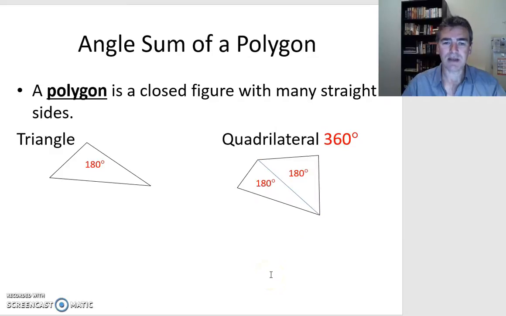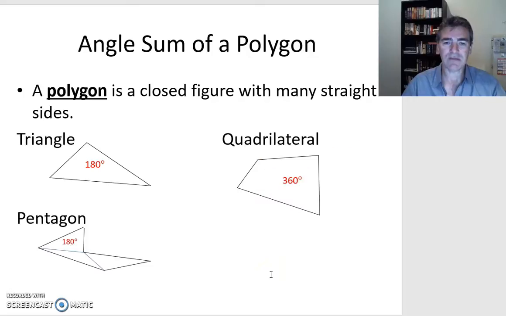Well, let's extend that and go on to a pentagon. Remember, pentagon has 5 sides. So, start off with one vertex, and I join it to that vertex, it's not next to it, and then I'll again start from there and join it to another vertex that's not next to it.